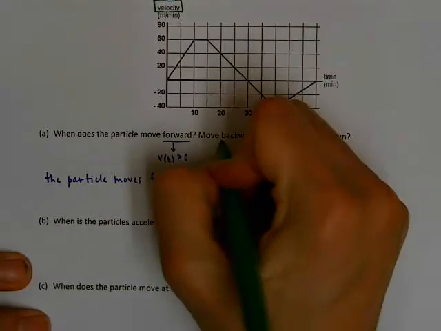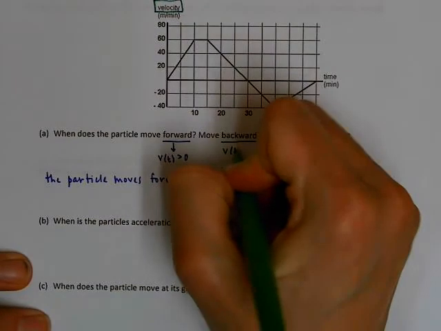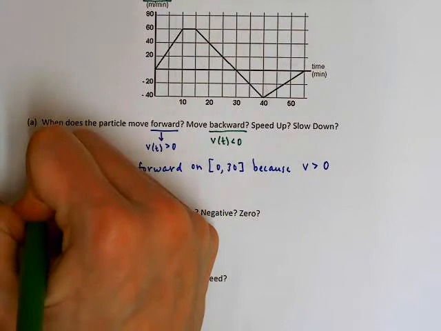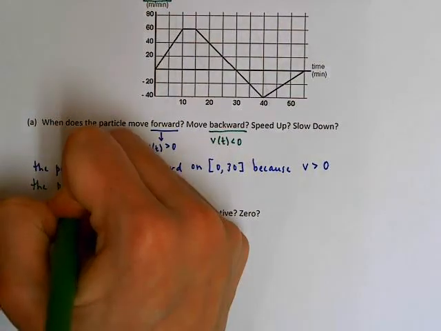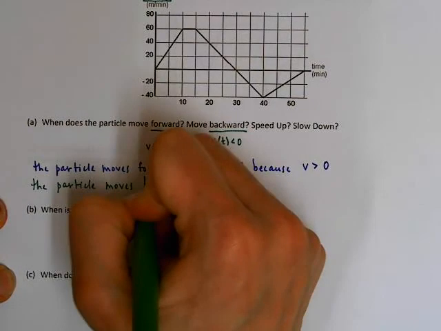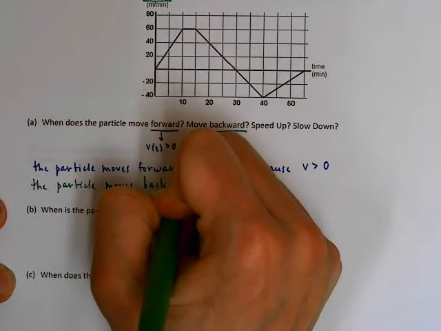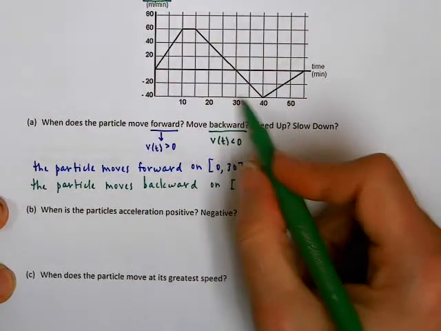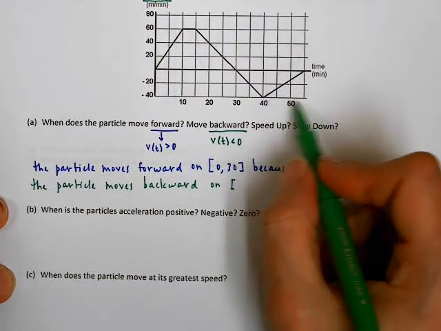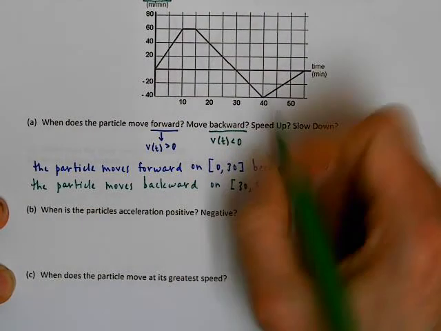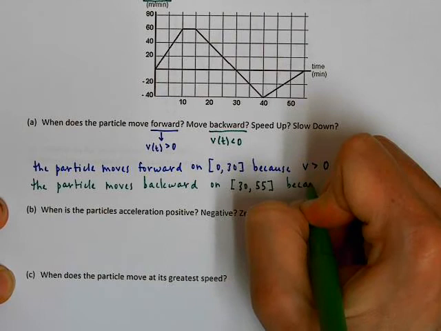Backwards, I know, is where velocity is less than 0. So the particle moves backward on the interval from, let's see, 30 to 55, it looks like, because velocity is less than 0.